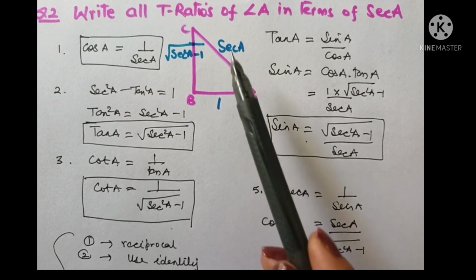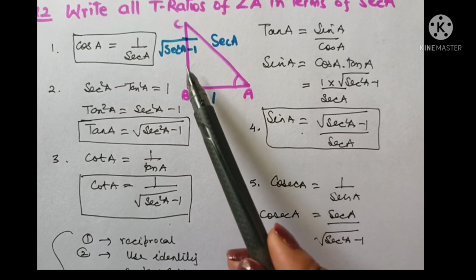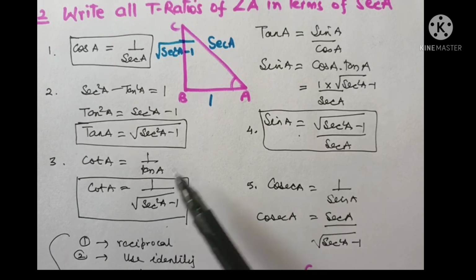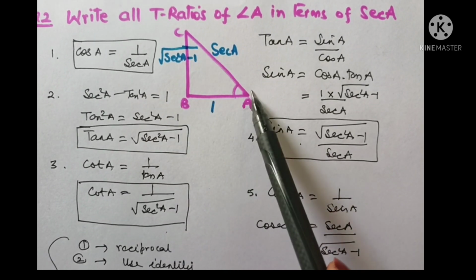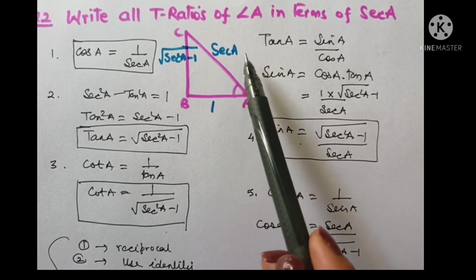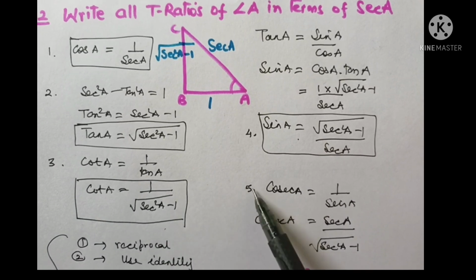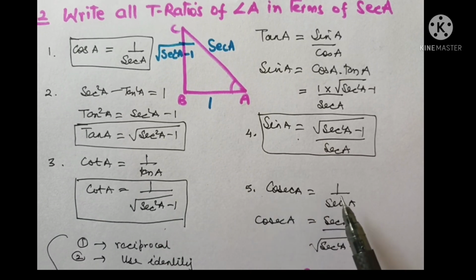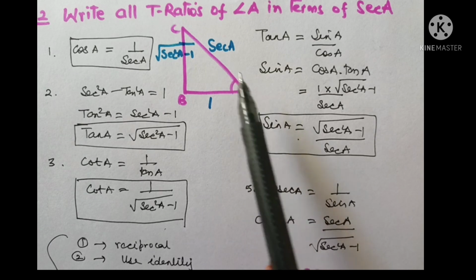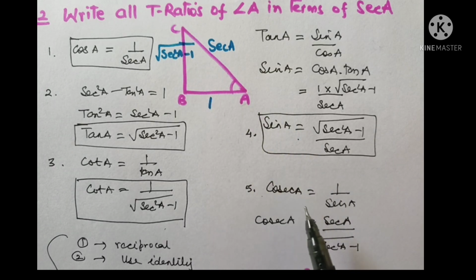Cot A is base upon perpendicular, so 1 upon root of secant square A minus 1. Then sine A is perpendicular upon hypotenuse, so root secant square A minus 1 divided by secant A. And cosecant A is hypotenuse upon perpendicular, so secant A divided by root of secant square A minus 1.